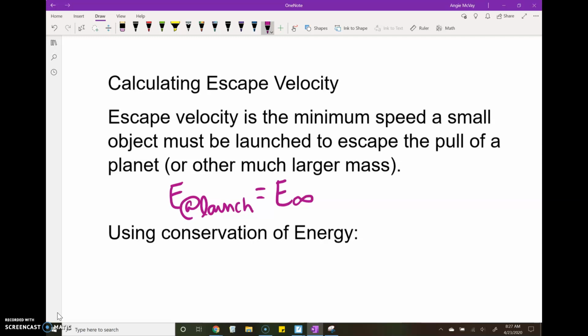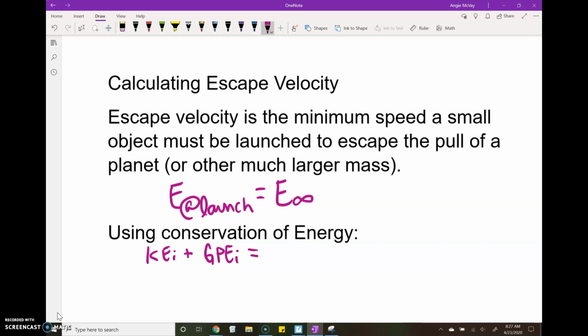All right, so what kind of energy does an object that's being launched have at the instant it's being launched? Well, it has kinetic energy initially at launch. And even though it's probably on the Earth's surface when launched, it does have some gravitational potential energy on a planetary scale, because that object is some distance from the center of the Earth.